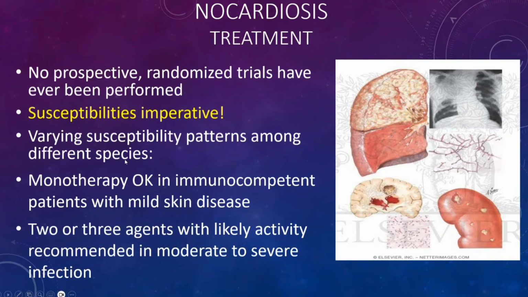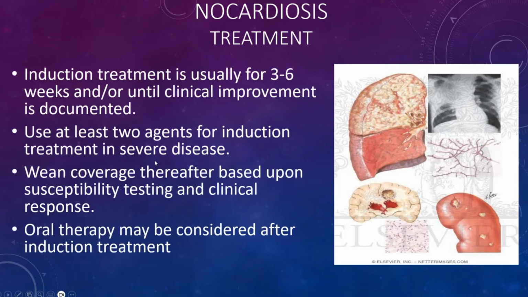Typically, 2 or 3 agents with likely activity are recommended for empiric antimicrobial coverage. Nocardiosis follows an induction and consolidation strategy. Induction is usually for 3 to 6 weeks, followed by consolidation, which can continue for several more months.